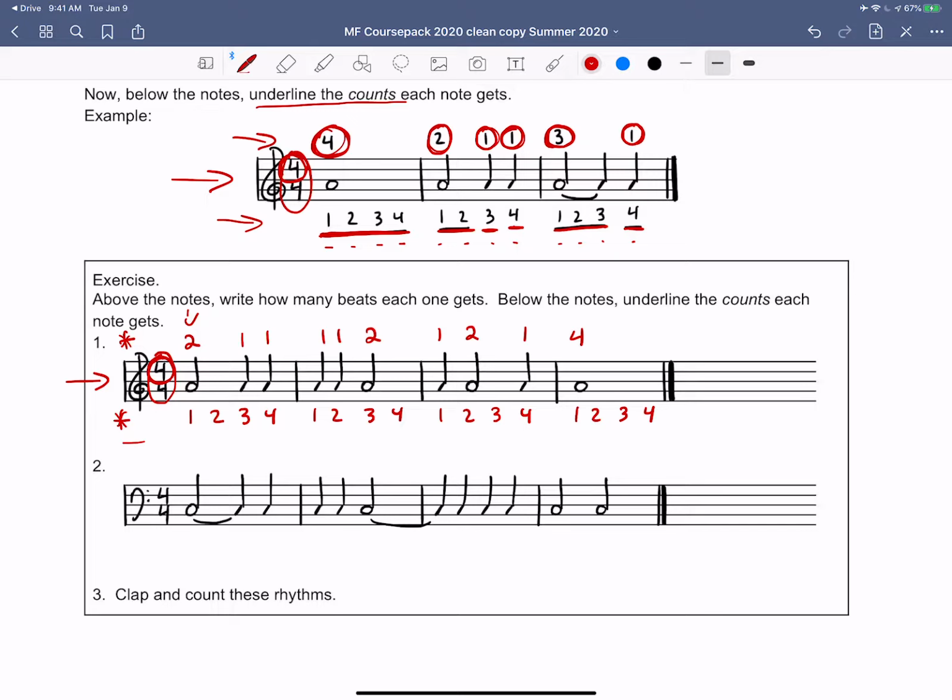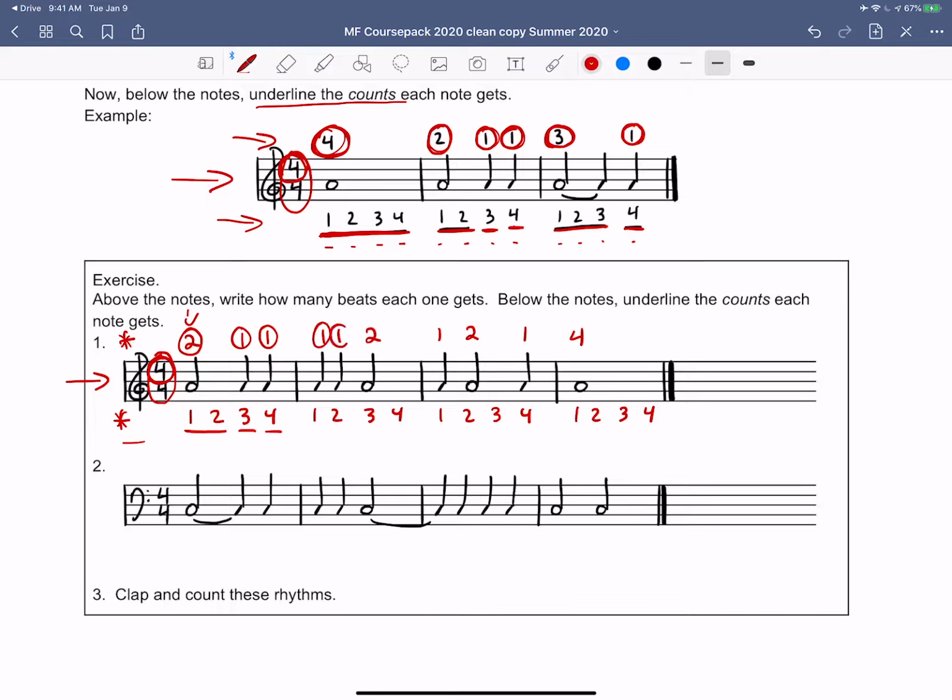Now comes the fun part. We're going to underline those counts to reflect how many beats each note gets. So let's take a look at this first one. It gets 2 beats. That means, of course, it's the first note of the measure, so it's going to start on 1. It's going to last through beat 1 and beat 2. Then we've got a couple of 1-beat notes here, those quarter notes. So they each get 1 count.